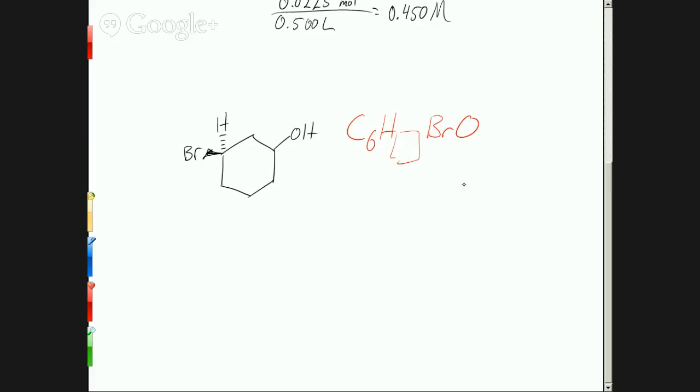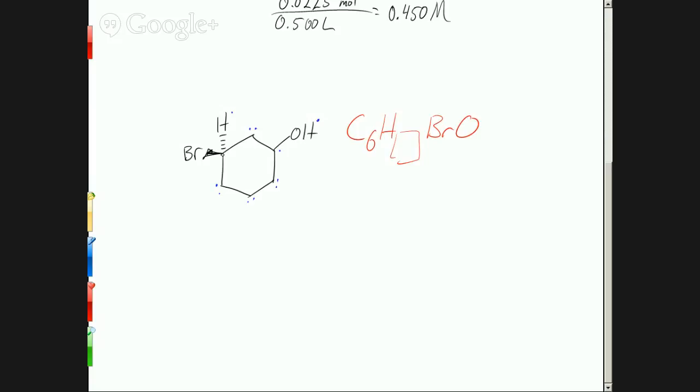All right, let's count up the hydrogens and see what we get. First, we'll count the ones that are shown explicitly. So there's 1. There's another one. Just put a little dot there to mark them. Now let's go around to all the carbons and mark the hydrogens that aren't shown. So this one has how many? 2. This one? 1. And then we get 2, 2, 2.